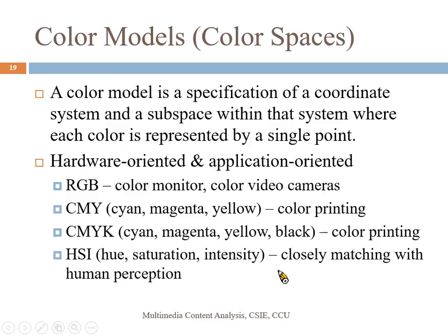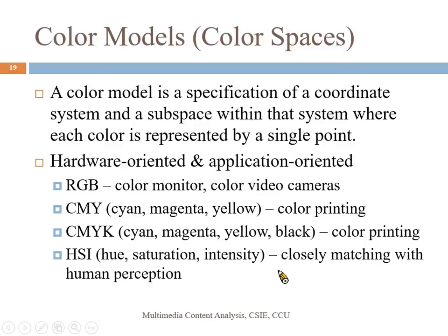So the previous two slides showed how we physically or psychologically perceive color. In a computer system, how do we exactly describe a color in a discretized value? Here we call it the color model or the color space.